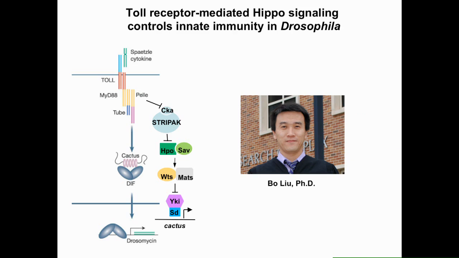So I think this link is not just restricted to the fat body, but we haven't really gotten into the detail of how these pathways work together in, let's say, the imaginal disc. But I think that's a very interesting direction to look at.